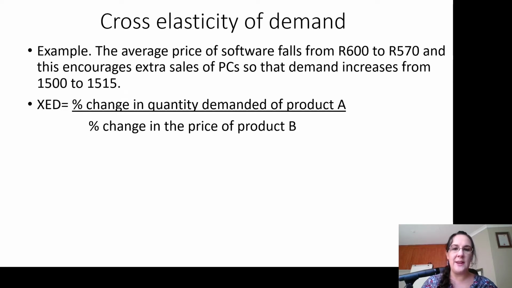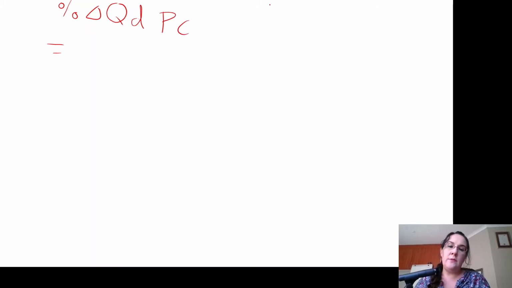So let's get cracking. Let's first look at the percentage change in the quantity demanded for PCs. It went from 1,500 to 1,515.